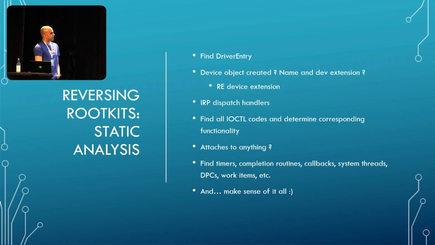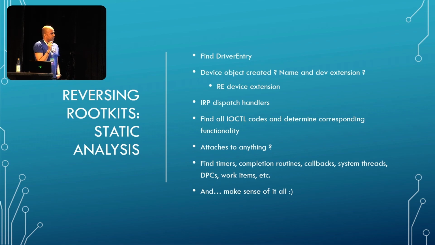IRP dispatch handlers, find your IOCTLs. IRP dispatch handlers are the handlers that deal with the input-output request packets. That's usually very good insight into what is going on. Find all IOCTL codes. IOCTL codes are ways to communicate from user mode to kernel mode.